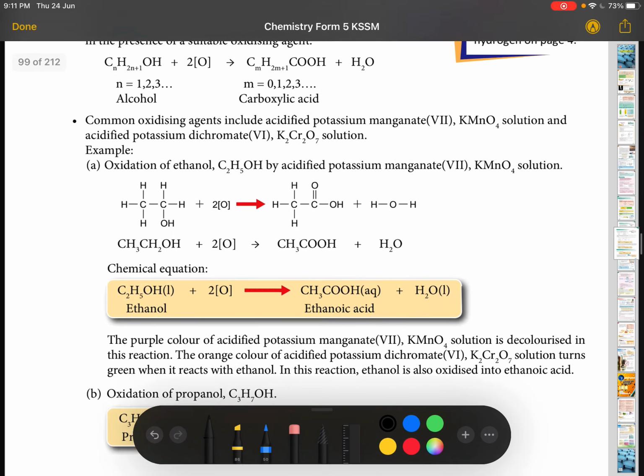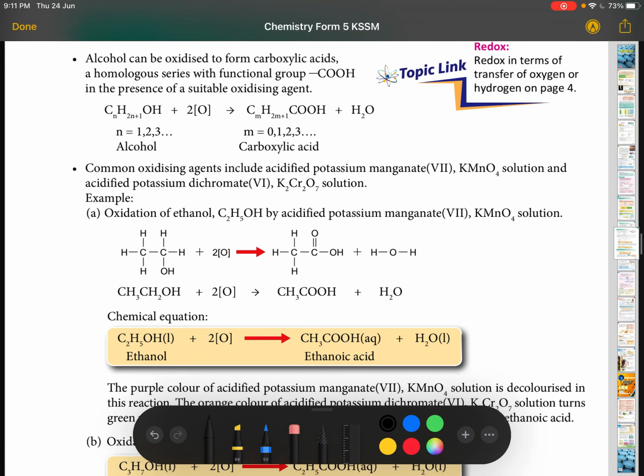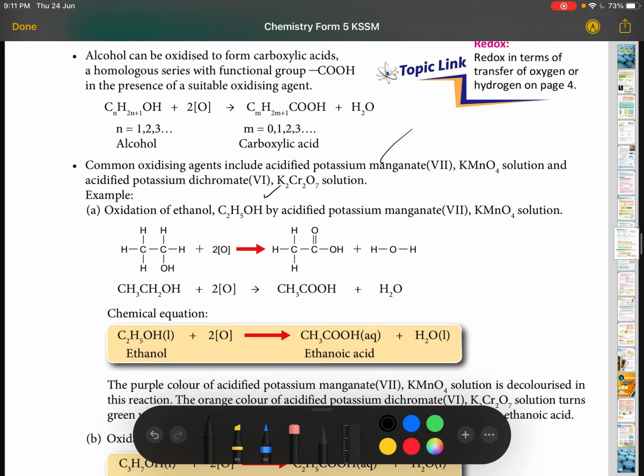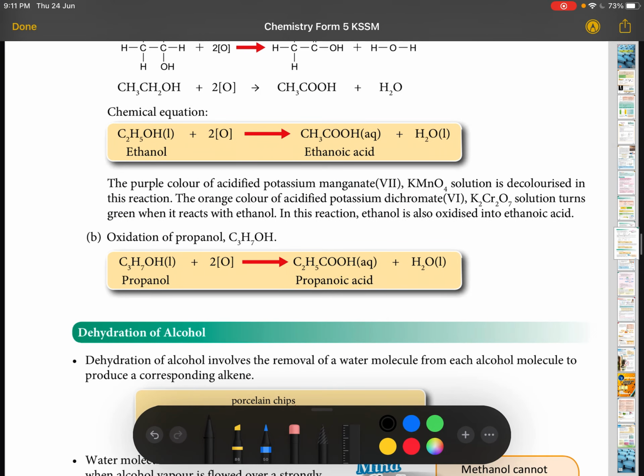Next is oxidation of alcohol. So what you do is you add alcohol, usually ethanol, with an oxidizing agent. It can either be KMnO4 or K2Cr2O7, so it's either potassium manganate 7 or potassium dichromate 6 solution. And then you have to remember the changes of color.